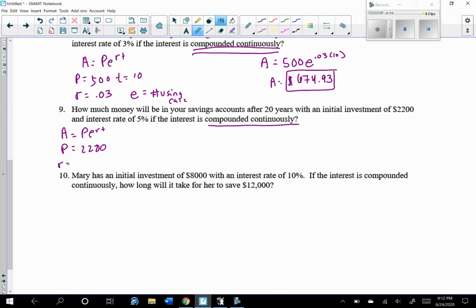R is equal to 0.05. T is equal to 20. And when you plug this into your calculator, you get $5,980.22.